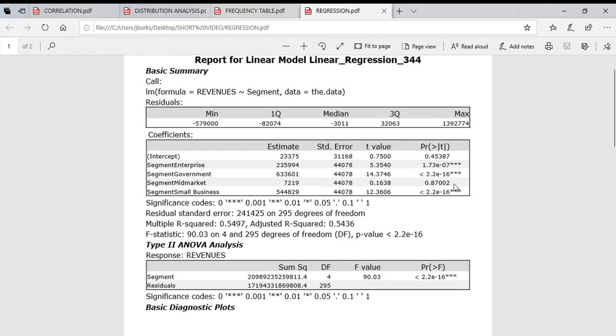And then you have the mid-market, which is not. So what you can do is remove the mid-market, retest your model to see if all your values are statistically significant. The thing is, if you are leaving values that are not, your model will not predict the revenues as well as you want.